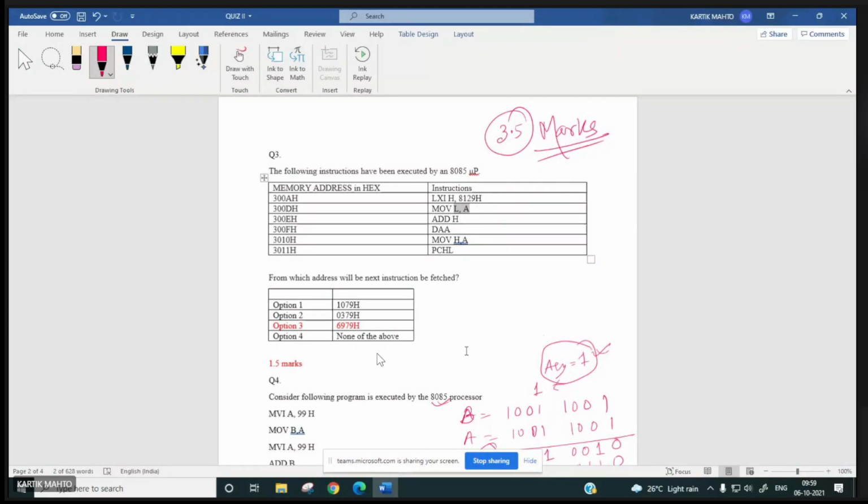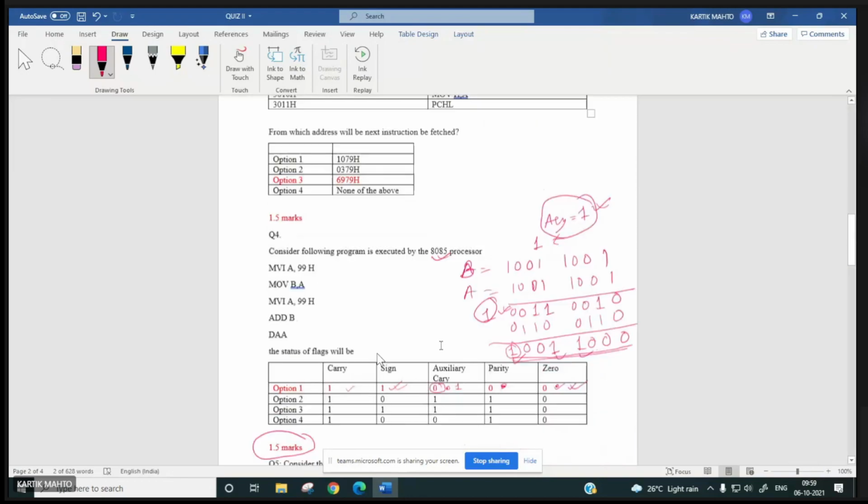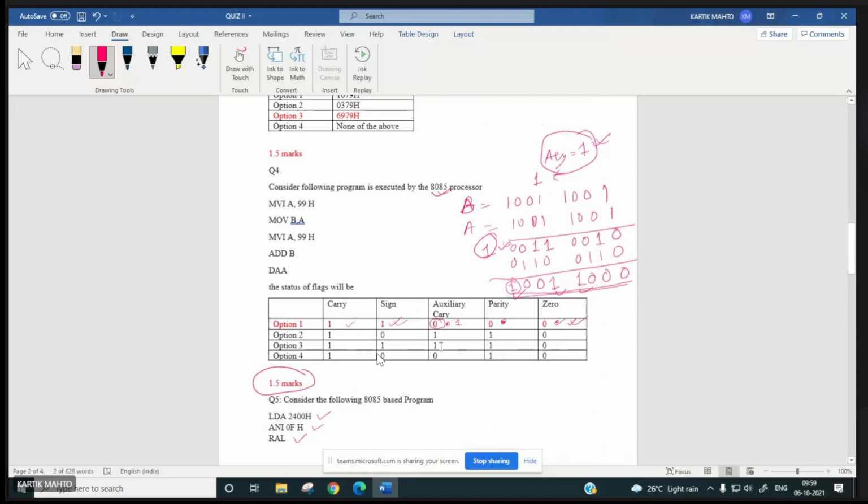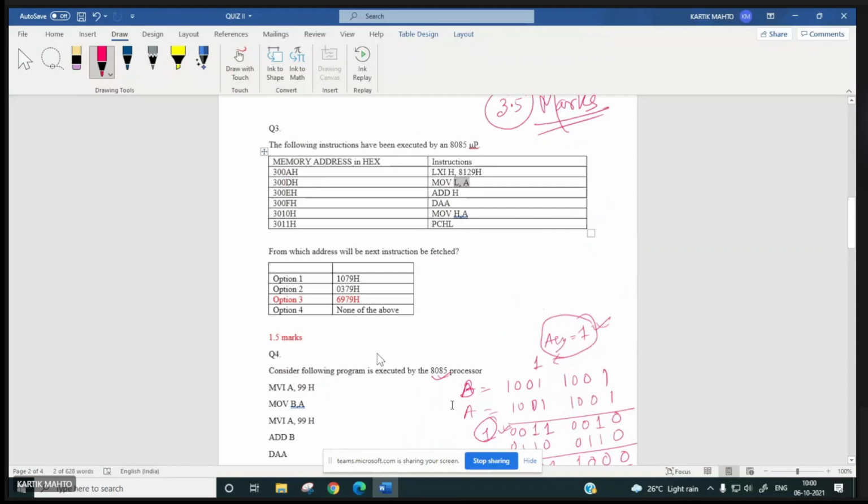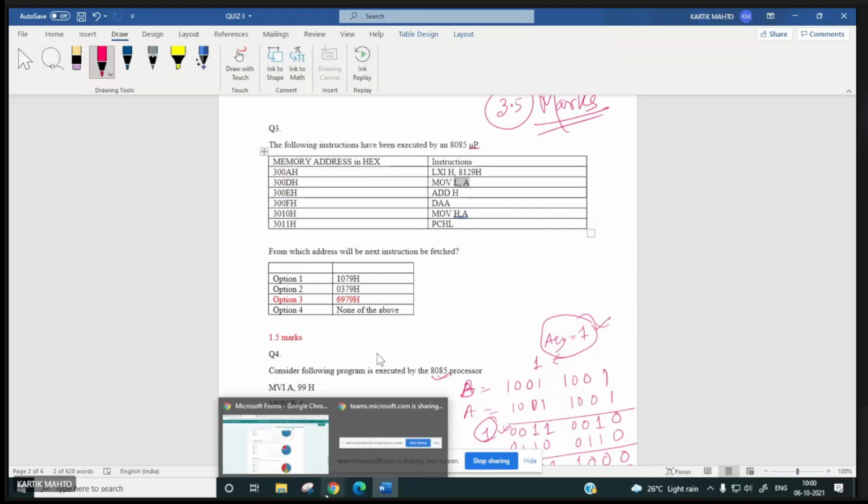Then the auxiliary carry, here also I forgot. So 3.5 marks will get everyone.